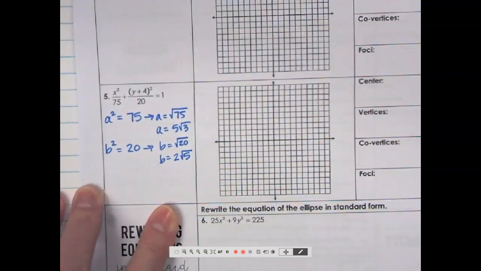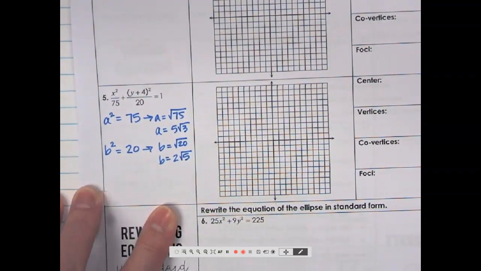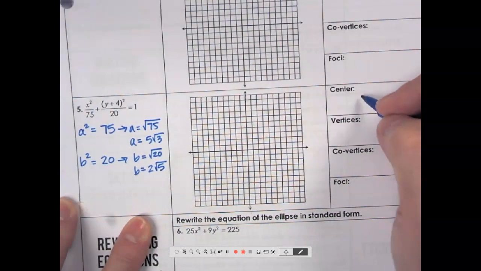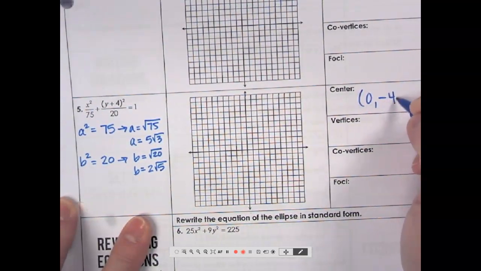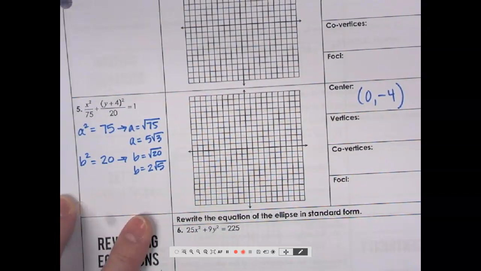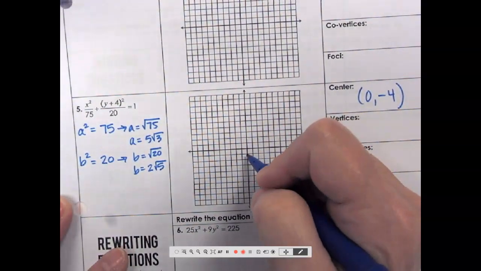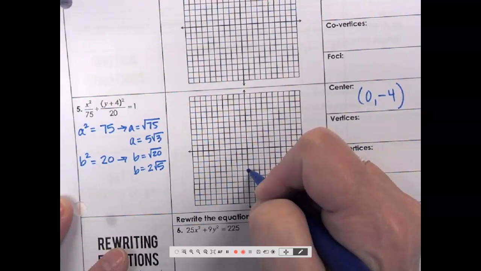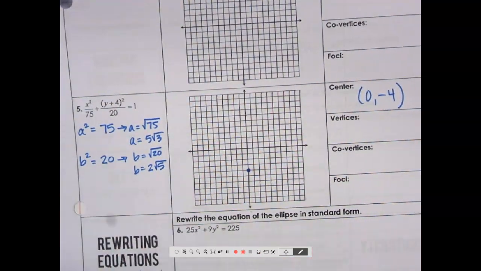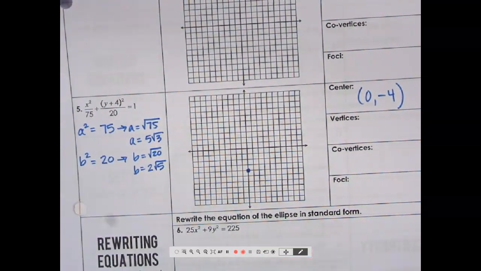Okay, where's my center point? 0, -4, nice. Okay, let's plot that. 1, 2, 3, 4. Okay, so let's talk about how much is square root of 75. If you need to use your calculator, use it, but I bet you can think it through.